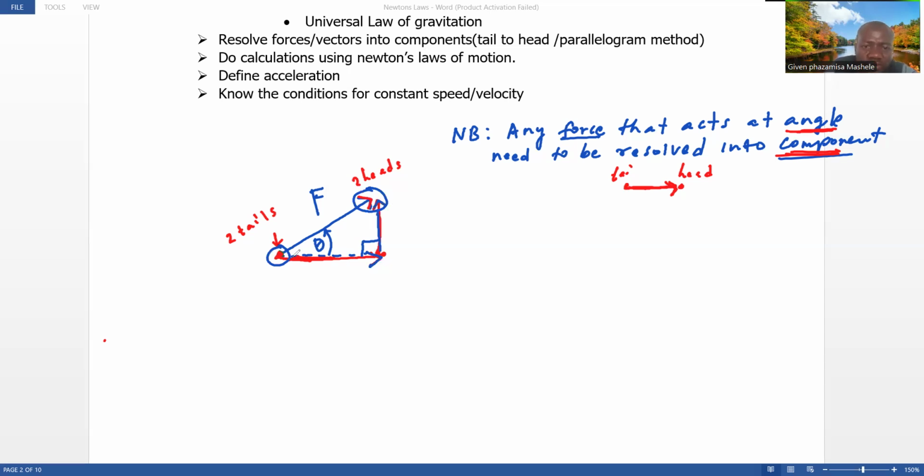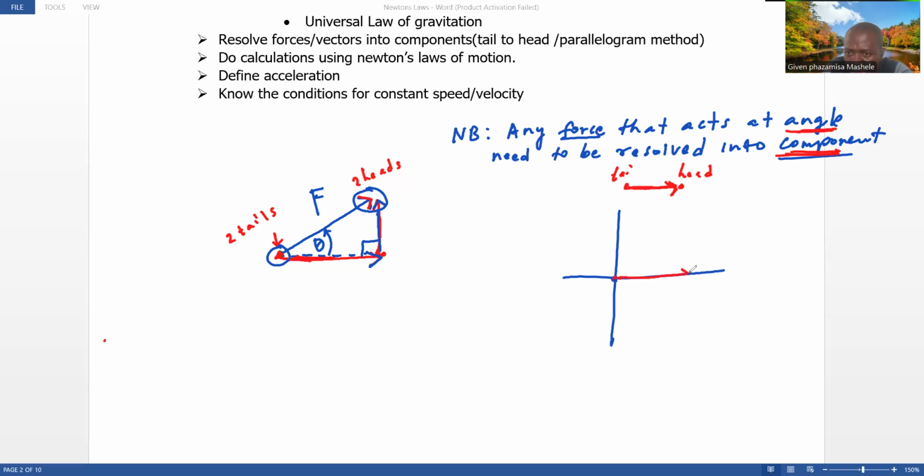So this one is on the x-axis, and this one is on the y-axis. We can also use a Cartesian plane to represent that, so that you can understand what I'm actually talking about. So if we wanted to use a Cartesian plane, we can say, okay, fine, it's our Cartesian plane. From here is my tail, so I have tail to head.